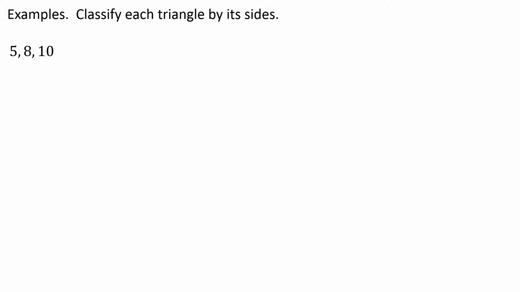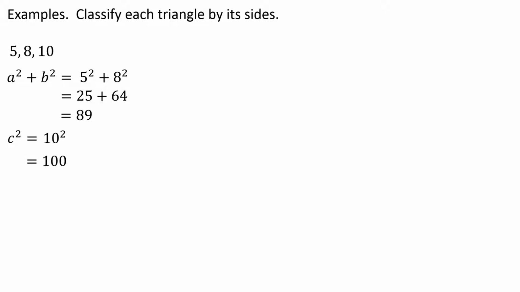So let's take a look here. 5 times 5, of course, will be 25. 8 times 8 is 64. That adds up to 89. Well, what's c squared? 10 times 10 is 100.